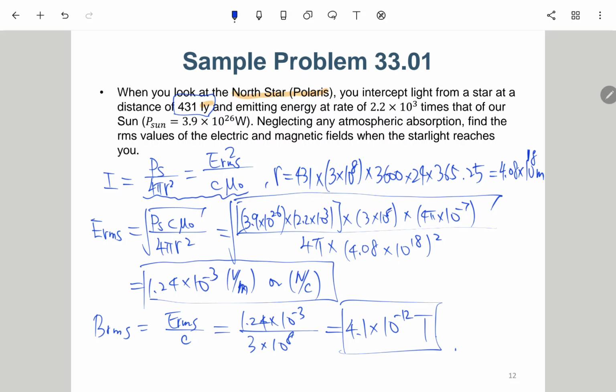Okay, so this sample problem is quite simple, just to make use of these two formulas for the intensity of the EM wave, and we also learn the unit light year. The remaining calculation is not difficult.